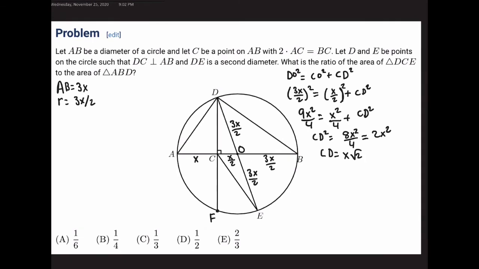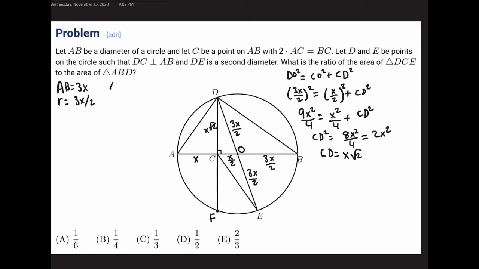Now this is very helpful. We have x root 2 as the value of CD. So essentially we can find the area of triangle CDO, and we can just double that because COE and CDO have the same area, and that will give us the area of triangle CDE. So let's first find the area of triangle CDO.